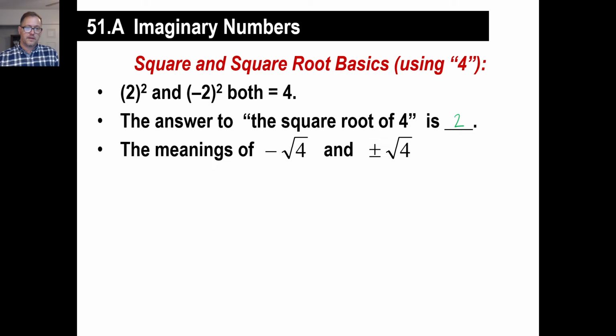You take the square root of 4, which is 2, then at the end you add the negative to it, so the answer is -2. In other words, this is the opposite of the square root of 4. Plus or minus the square root of 4 is going to be +2 and -2. Those are the two answers to that. We've done those before in the equations we've solved.